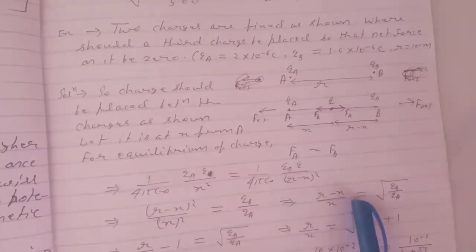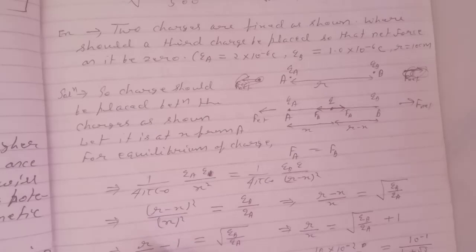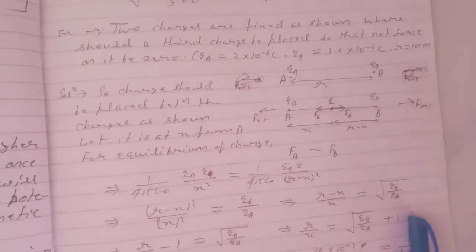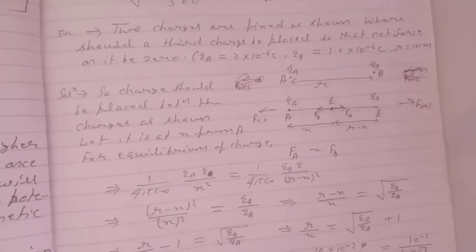This implies r minus x by x equals under root QB by QA, or r by x minus 1 equals under root QB by QA. This implies r by x equals under root QB by QA plus 1. Hence x equals r by under root QB by QA plus 1.